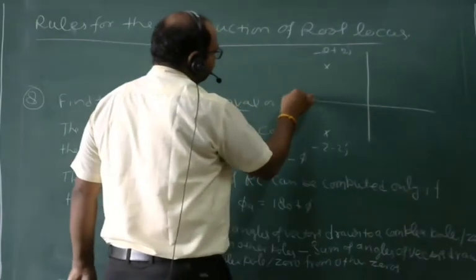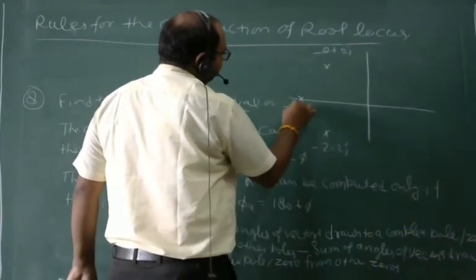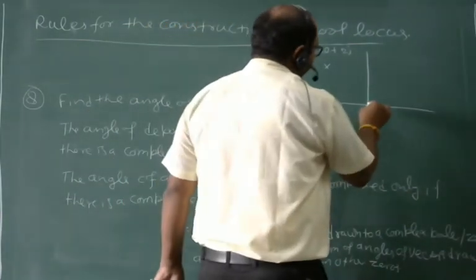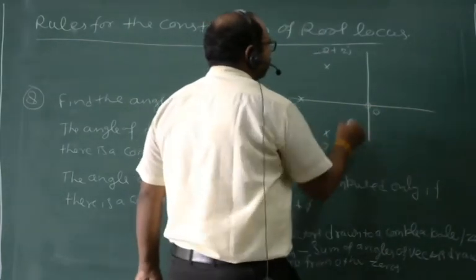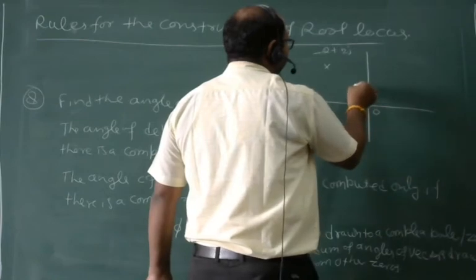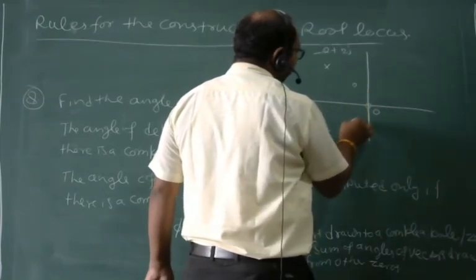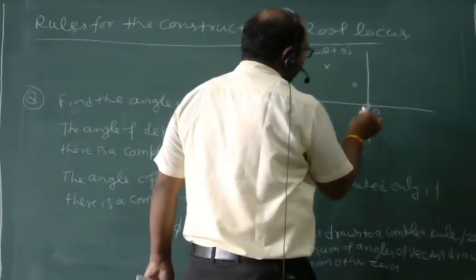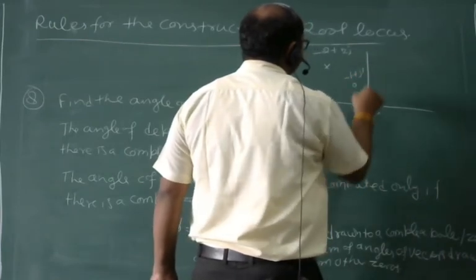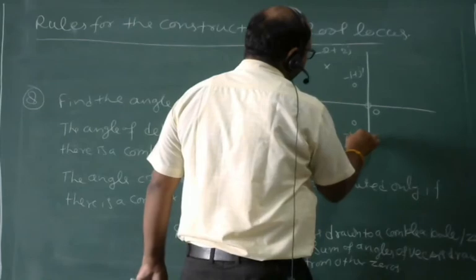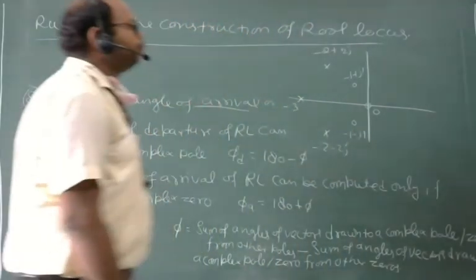Here a pole at minus 3, here a 0 at 0, and a complex pair of 0 at minus 1 plus j1 minus 1 minus j1.